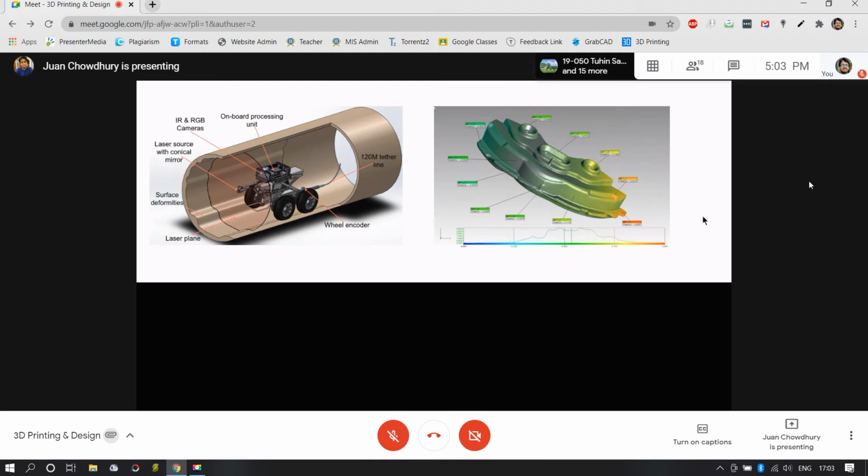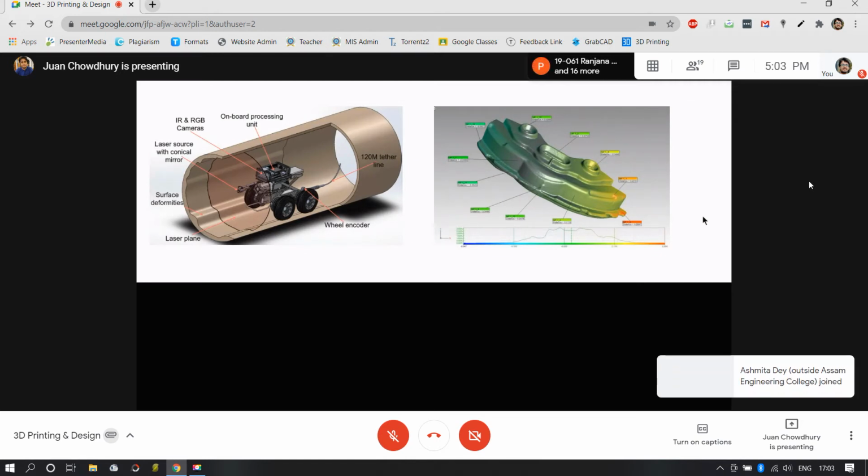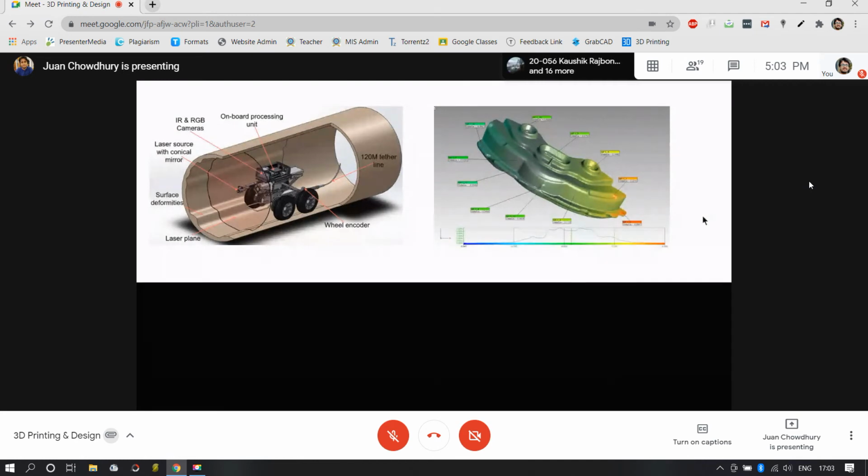So as you can see, towards your left is actually a pipe inspection robot, which is mounted with some infrared sensors and RGB cameras. So it goes into the pipeline, and as it travels forward, it scans the entire surface texture of the pipe, which implies that as we get the information of the interior of the pipe, certain defects and certain manufacturing limitations might be very well understood from this particular information.